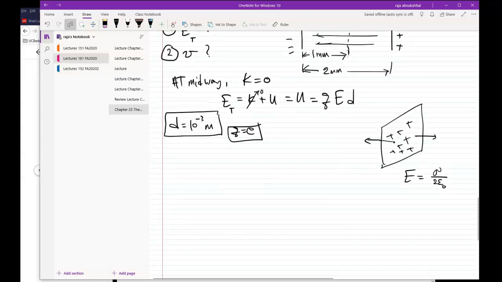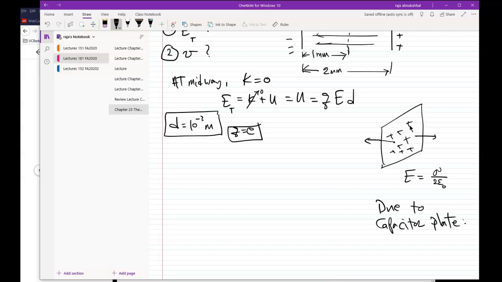So in this case, the electric field due to a capacitor plate, and I remember deriving that formula for you in one of the videos, I think Gauss's law, is sigma over epsilon naught. You take that, you remove the 2, basically. Okay? All right.